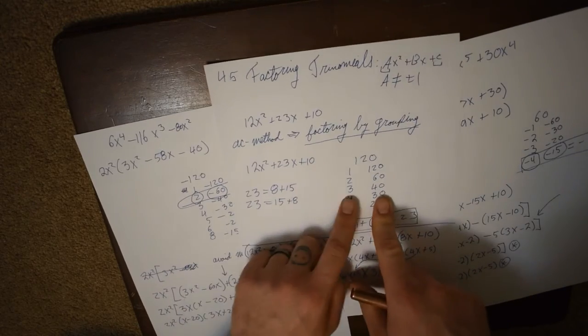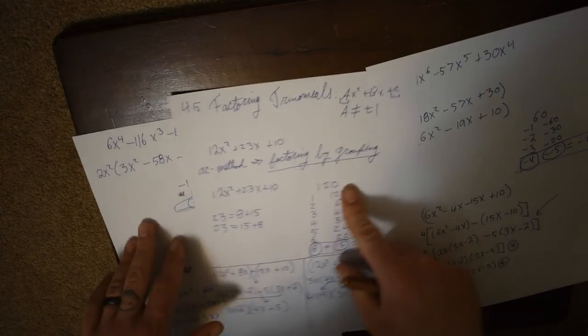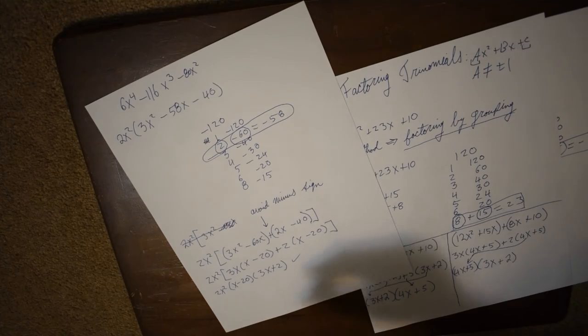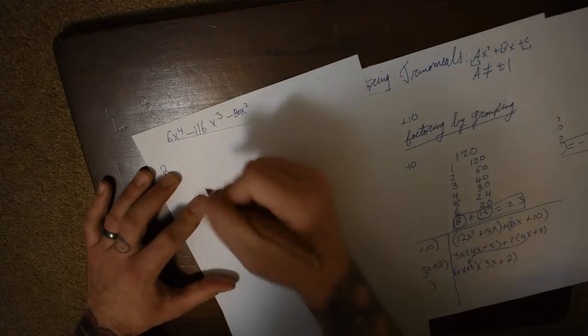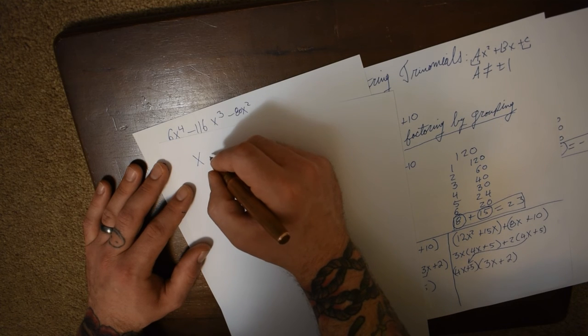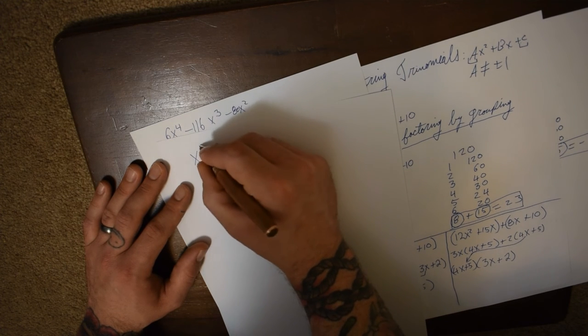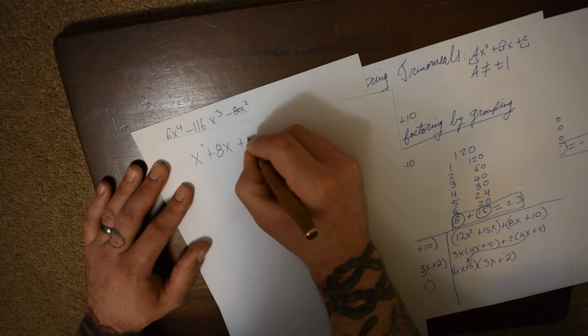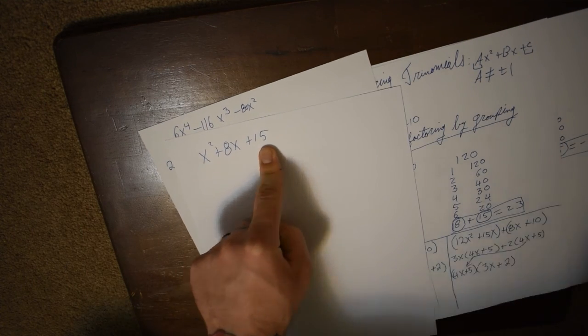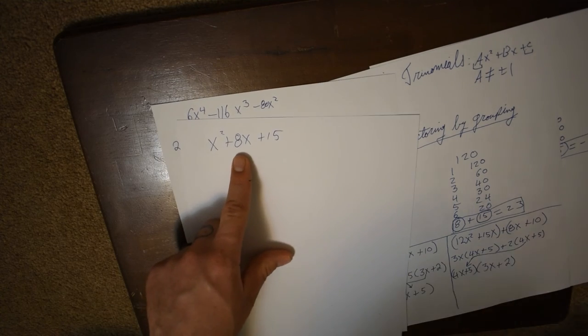We're still multiplying. I keep saying that without explanation. If we wanted to factor x squared plus 8x plus 15, I was telling you to consider the factors of 15 that add to 8.